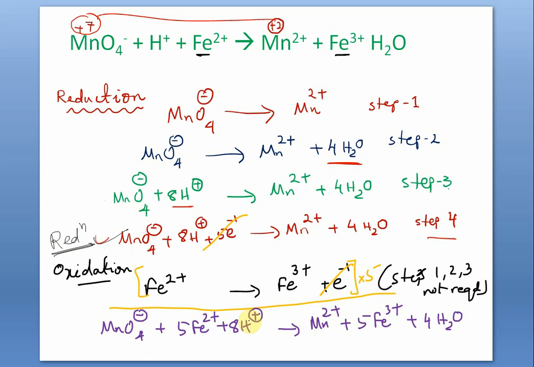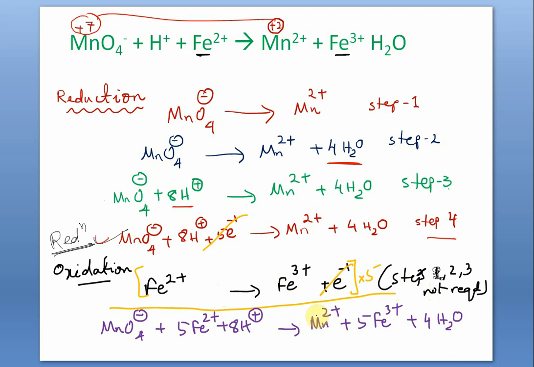Here, step 1 is already satisfied. Had there been Fe2 here, then we would have multiplied by 2. Since the number of atoms is 1, there was no necessity of multiplying. So the first rule is not virtually applied.